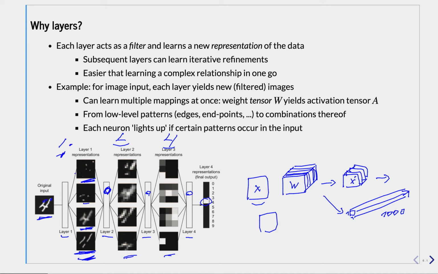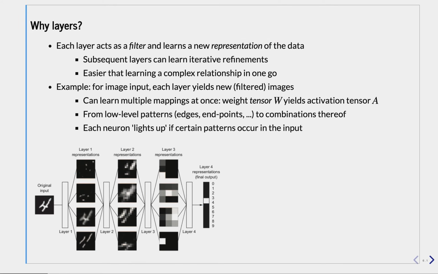But overall, we don't pre-specify what to look at. The network has to learn by itself what to look at, what's important to classify an input to an output. Basic message here is that the filtering breaks down a problem into subproblems, so it becomes easier to learn. And every layer basically becomes a transformation, filtering of the input data.